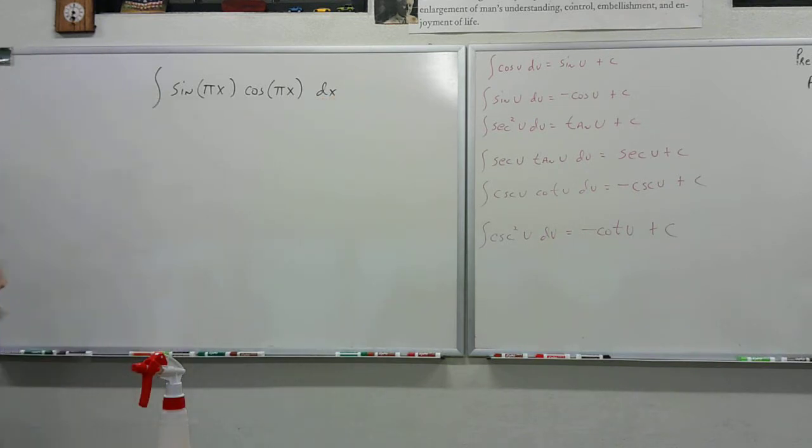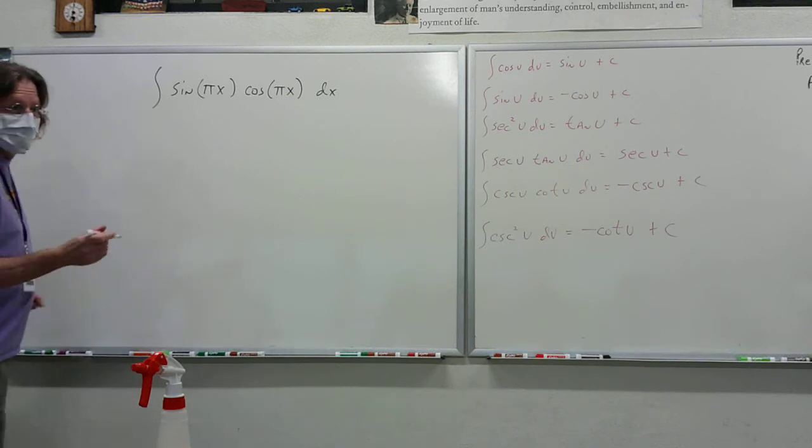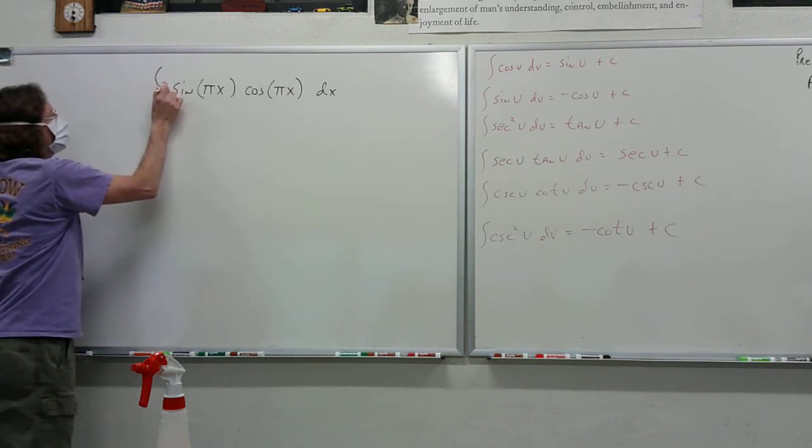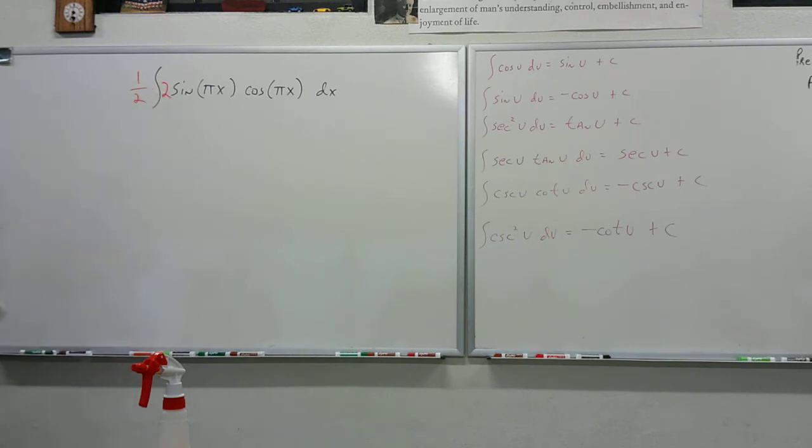Is that 1/2 sine 2x? Wow. Okay. Man's a step ahead of us. We're going to put a 2 here, and we're going to put a 1/2 out front. And there's an identity that says, if you have 2 sine theta cosine theta, that equals sine 2 theta.